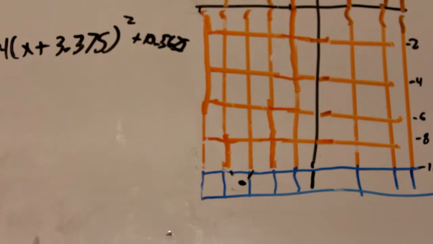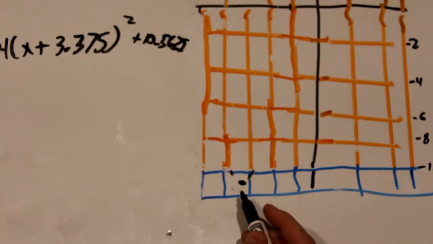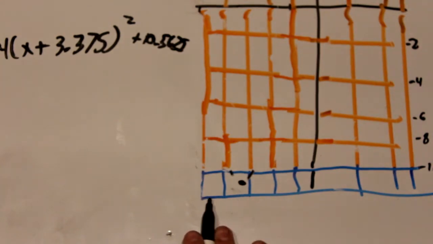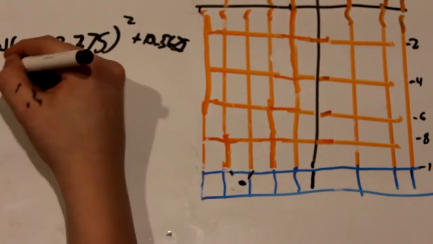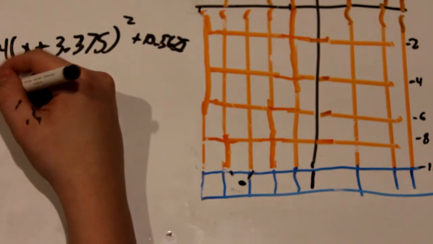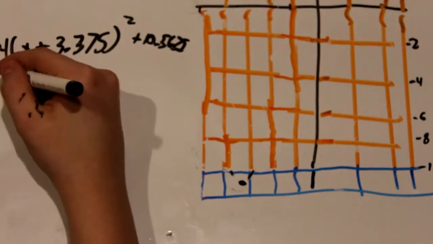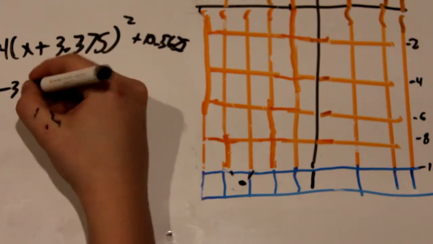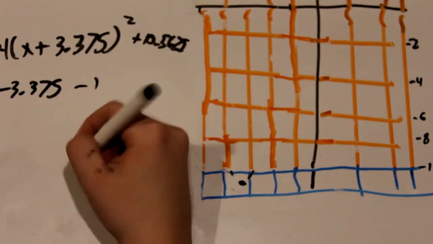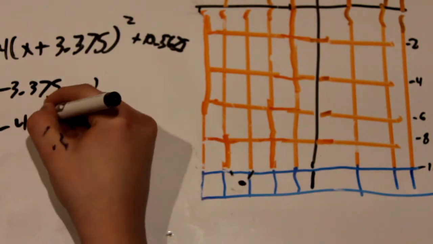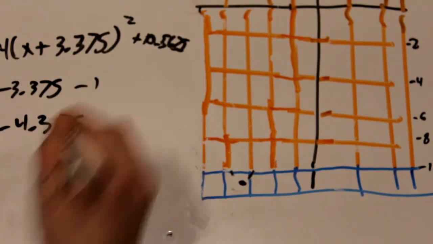Now, that being our equation, we're going to find what y is equal to when x is equal to 1 over 1, or 1 to the left. 1 to the left being going negative 1 on the x-axis, and since the x point on the vertex is negative 3.375, we're just subtracting 1 from it, which is negative 4.375.